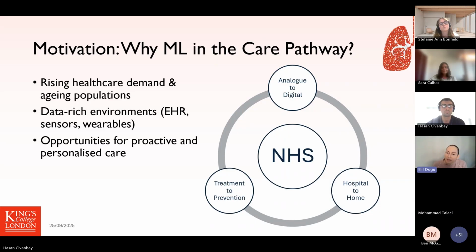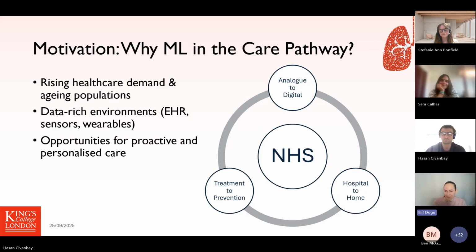This also aligns with the priorities of the NHS, which is moving from analog to digital, moving from reactive treatment to disease prevention, and also moving patients from hospitals to their homes with remote monitoring as soon as possible to avoid some risks, obviously an approach which started with COVID-19.